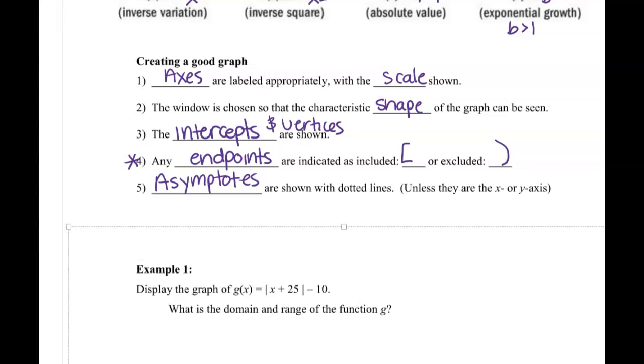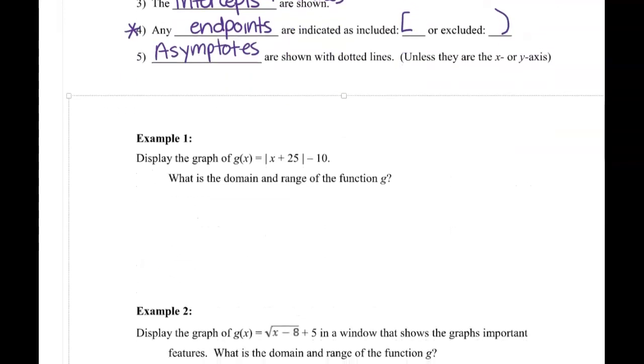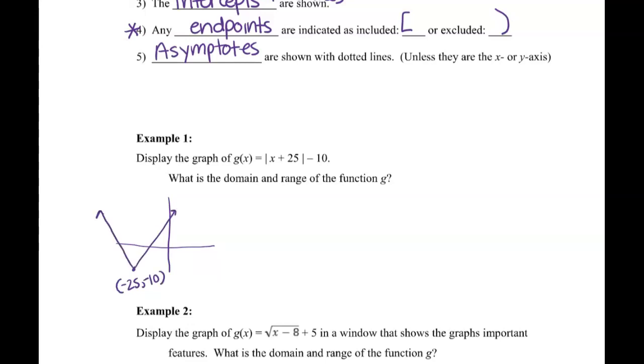Okay, so what the graph looks like is the general shape of the absolute value function, but this is at -25, -10. And it does essentially that. I'm not worried about exactly where it intersects the y or x axis at this point. Domain and range.